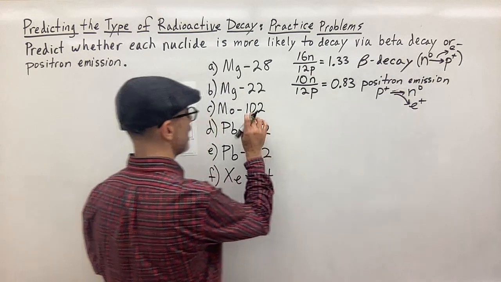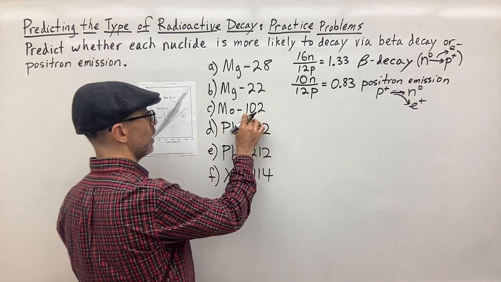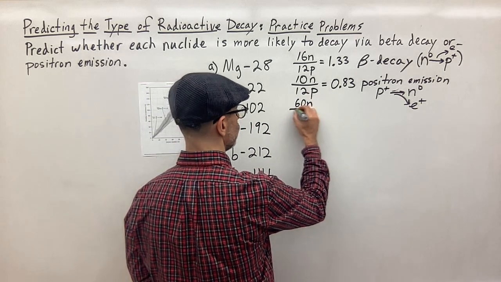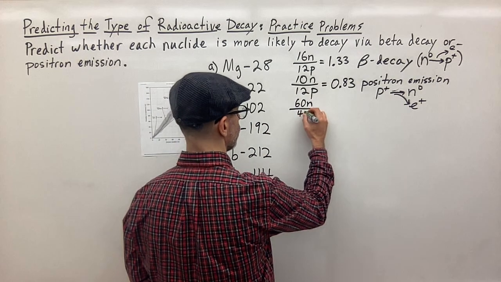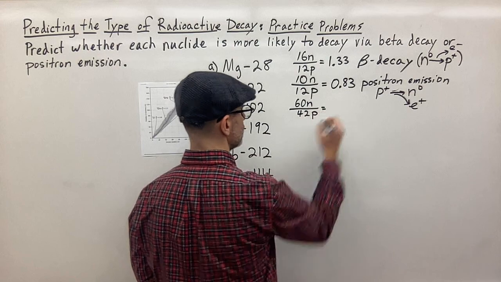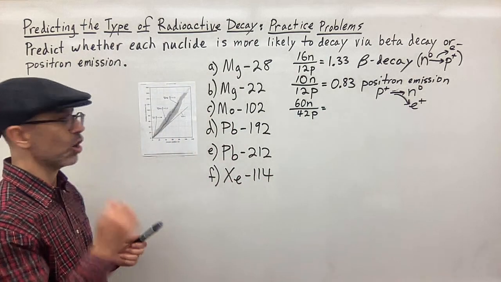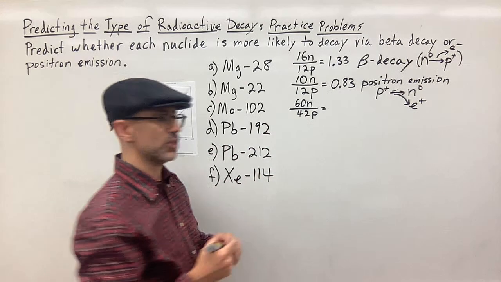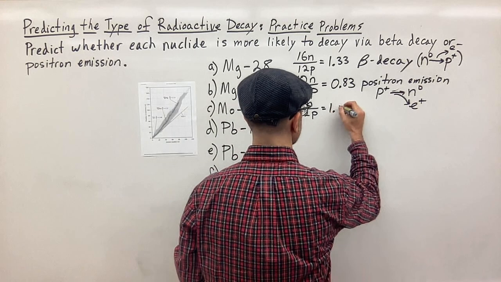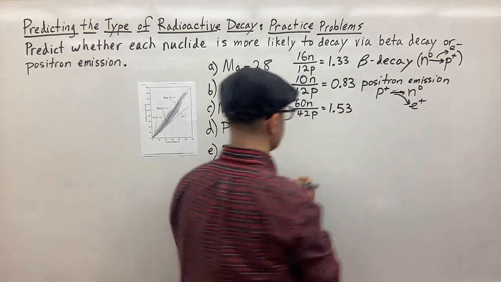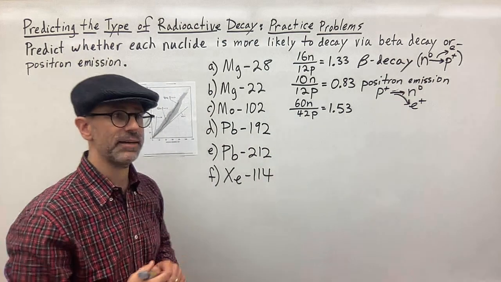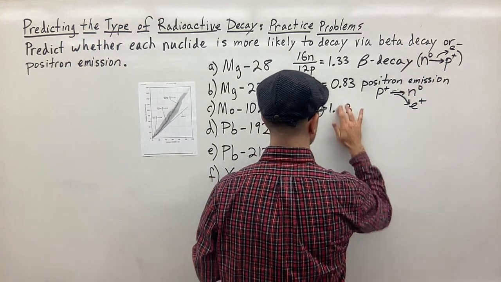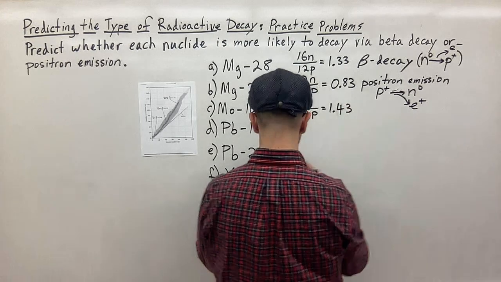So we're going to subtract 42 from 102. That gives us 60 neutrons left over and 42 protons on the bottom. So we do our ratio here, and the ratio here is 1.43.